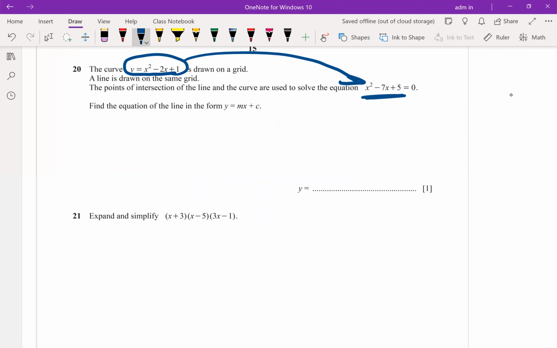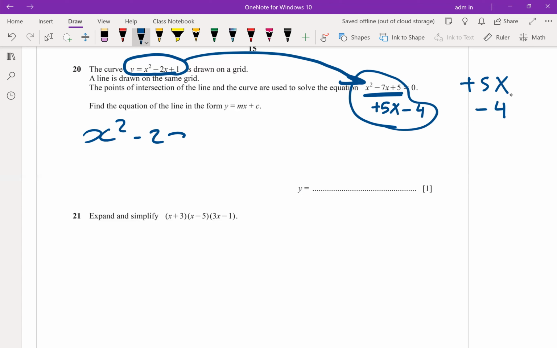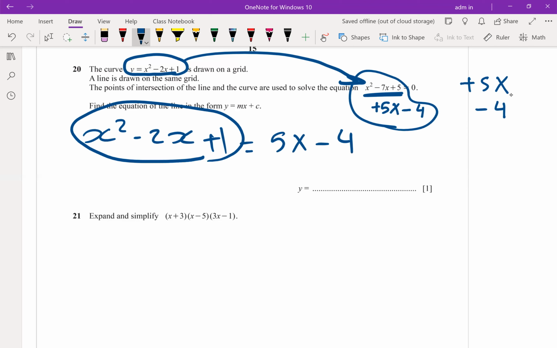It's x squared minus 2x plus 1. You have to do what for the left-hand side to be the same? We have to add 5x and minus 4. If you add 5x and also minus 4 to right and left, and simplify now, the left-hand side will be the function x squared minus 2x plus 1 is equal to 5x minus 4. Sketching the function graphically, you have to sketch the equation of the line y equals 5x minus 4 to get the intersection point.